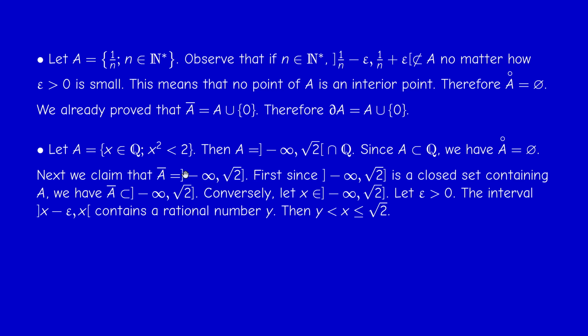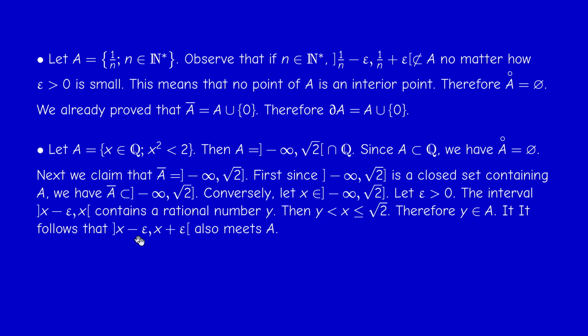So actually y is in A. So this interval meets A. So this bigger interval, x minus epsilon, x plus epsilon, also meets A. So by proposition 1.6, x belongs to A bar. So I start from x here and prove that it's here. So this concludes the reverse inclusion.